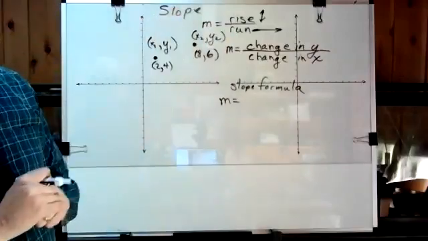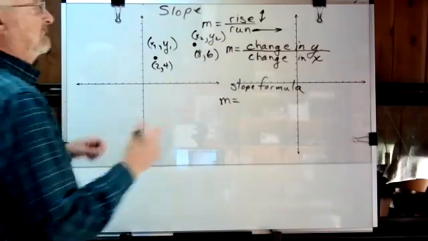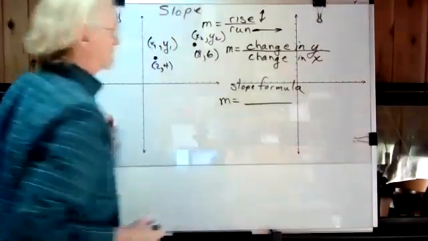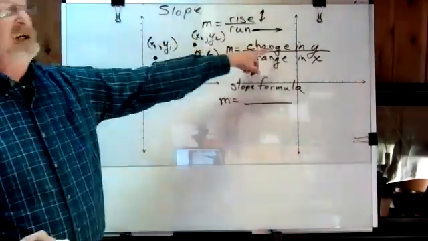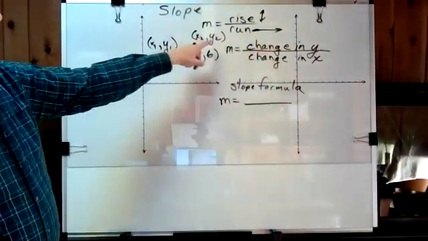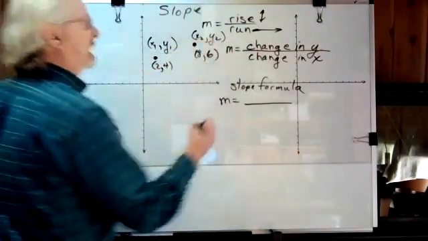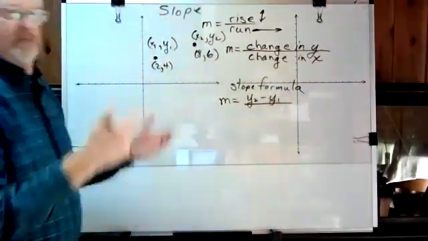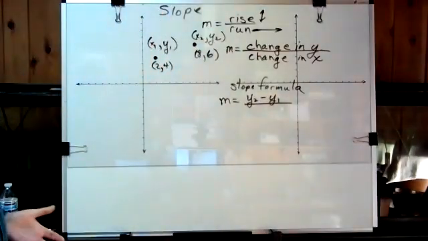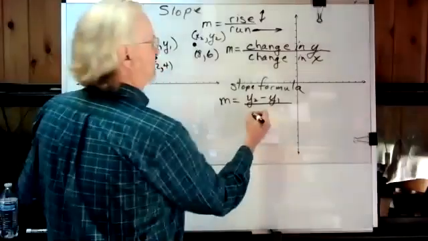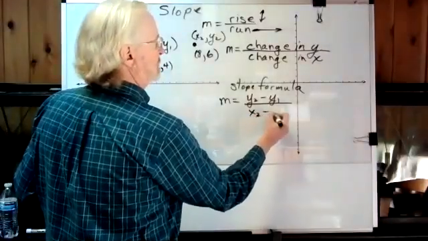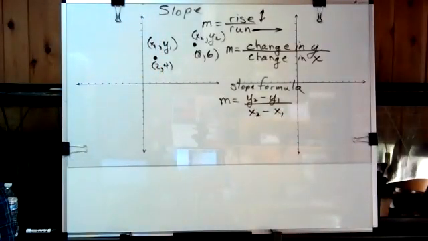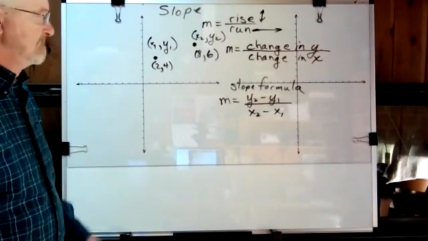So my formula then refers to those symbols there. The difference or change in the Y value, usually written as the Y2 value minus the Y1 value. It's a difference, a subtraction. And the change in X is the X2 value minus the X1 value. There's your slope formula.